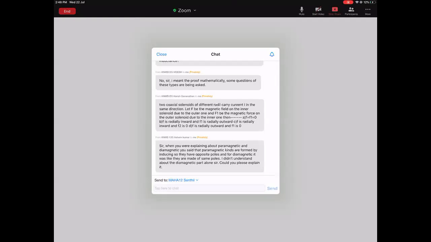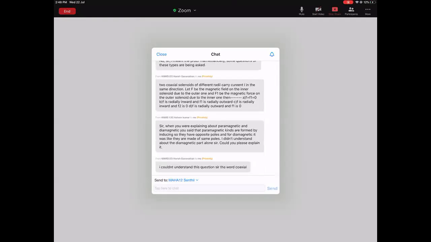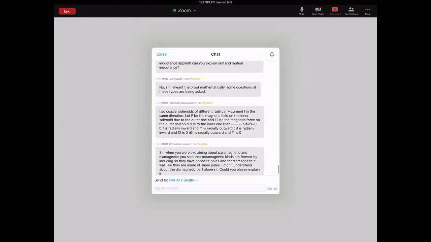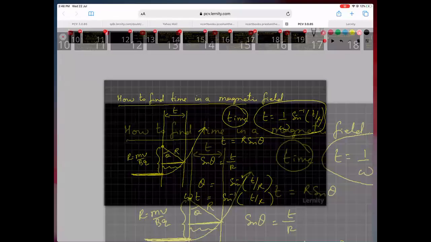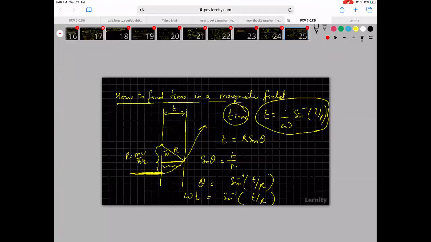So Vigdesh, you meant I couldn't understand the question, sir. The word coaxial. Okay, I will explain. I hope you are able to understand what I'm trying to say. You want the mathematical proof. The mathematical proof will come with a little bit of integration, so I will try to show you the integration.